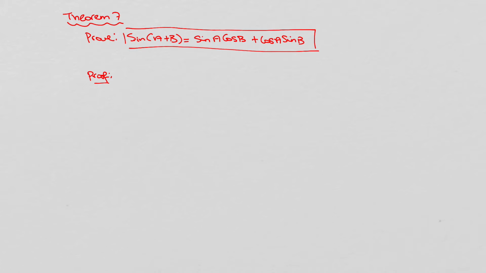We proved yesterday that cos of A minus B is equal to cos A cos B plus sine A sine B, and we want to change this into sine A cos B plus cos A sine B.